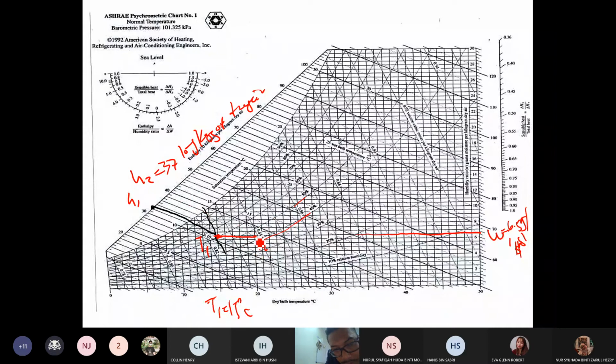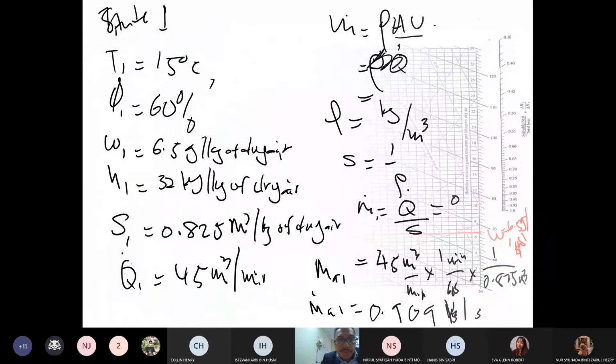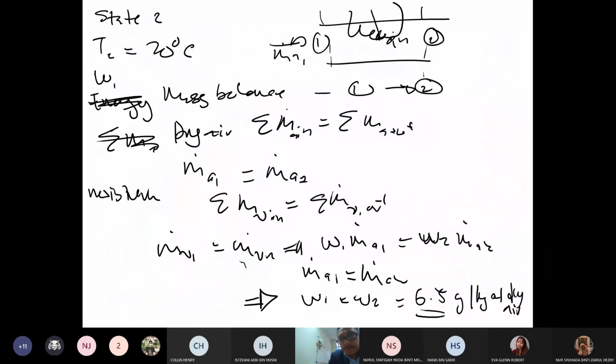Kalau you pakai kertas lagi better ya, sebab dia boleh project dengan pembaris ya. Nilai dia lebih kurang, I think this is about 43%. So phi 2 is equal to 43%. h2 sama dengan 37 kilojoule per kilogram.